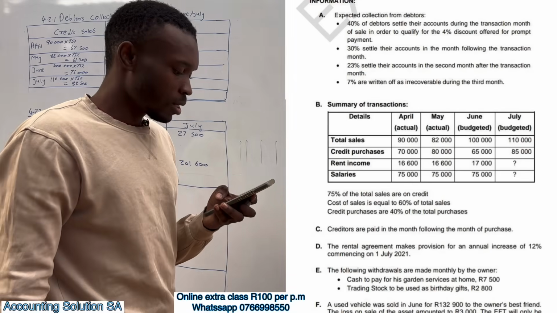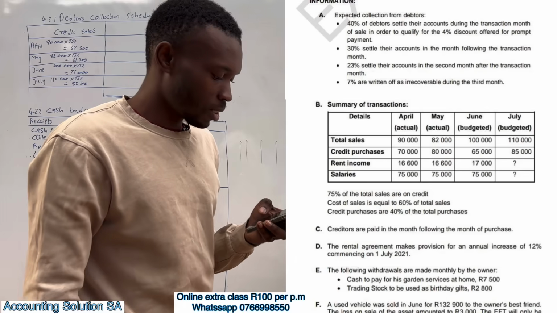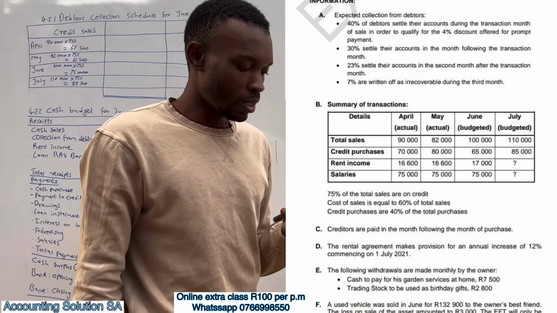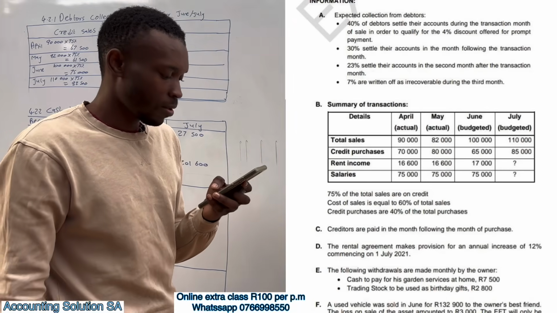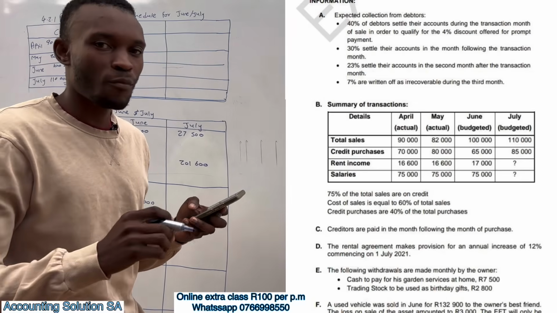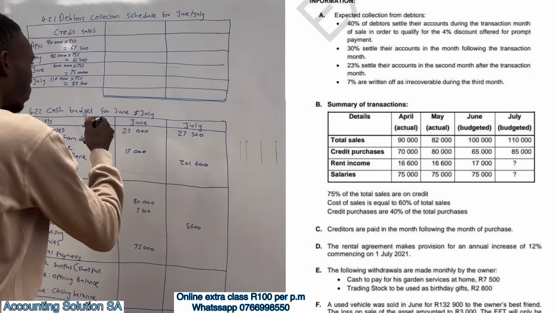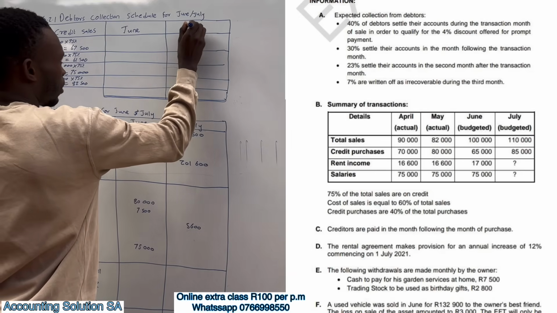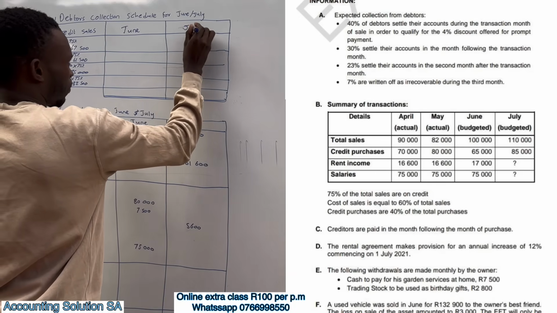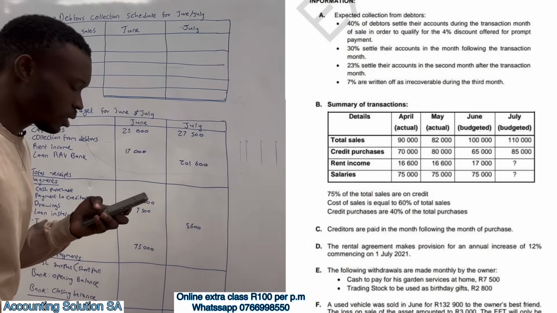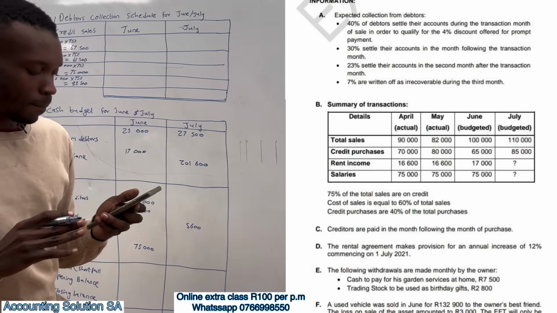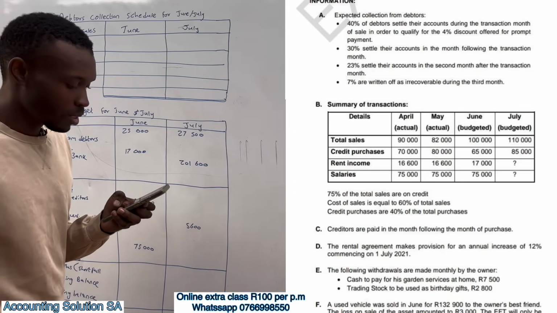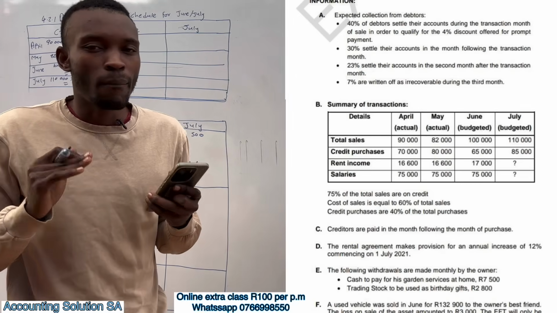The next part, they said expected collection from debtors. 40% of debtors settle their account during the month of sale in order to qualify for a 4% discount. We want collection now for June and July. Okay, let's use this collection percentage. They say 40%, we are going to collect it in the same month.